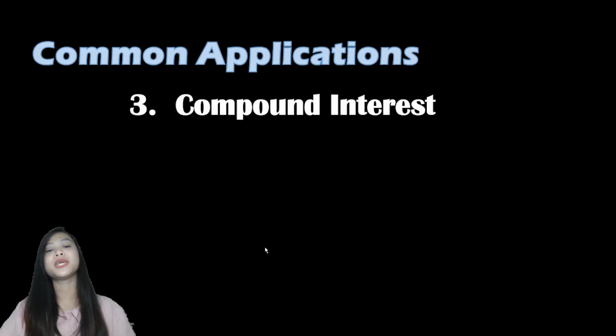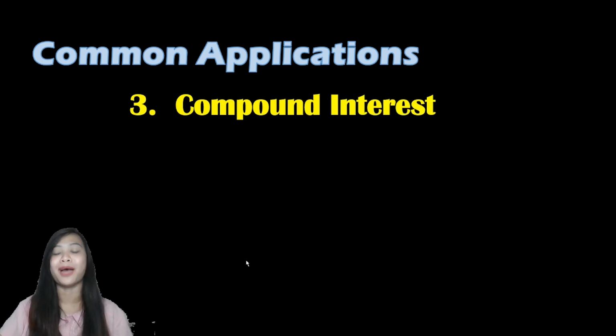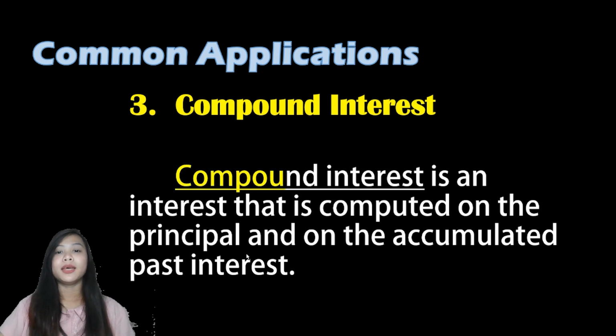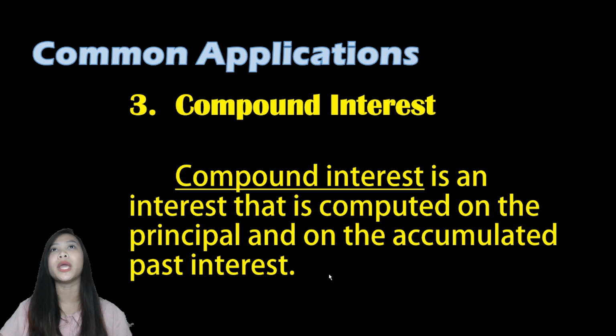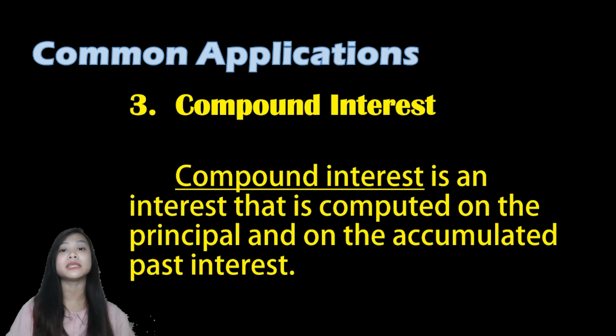Among the common applications, we have here compound interest. So what is compound interest? It is interest that is computed on the principal and accumulated past interest. When we save or lend money over time, it will increase in value, meaning there will be an interest for that specific amount, which is called the principal value.